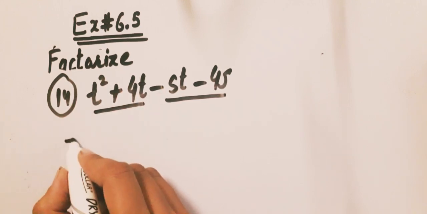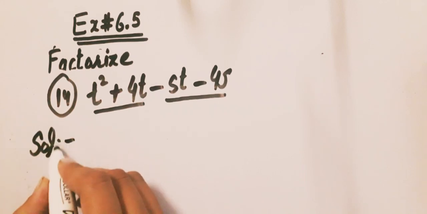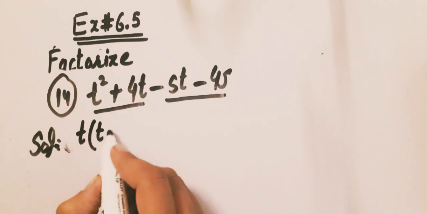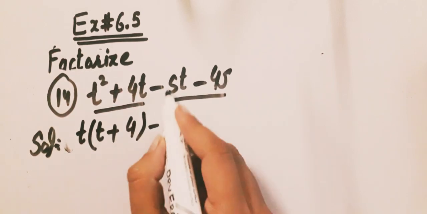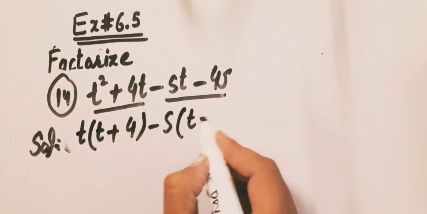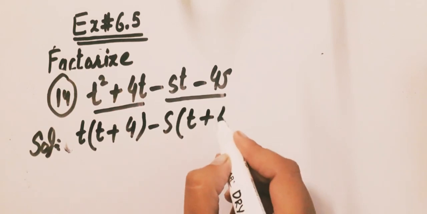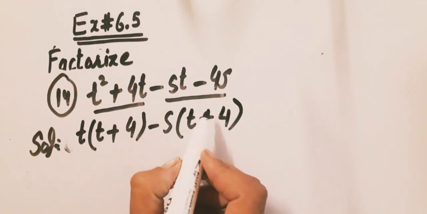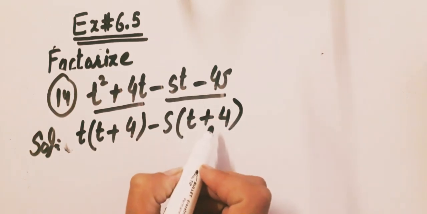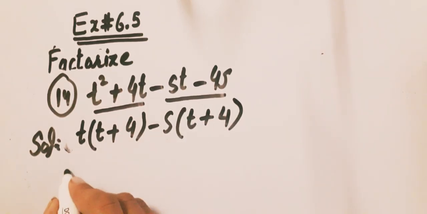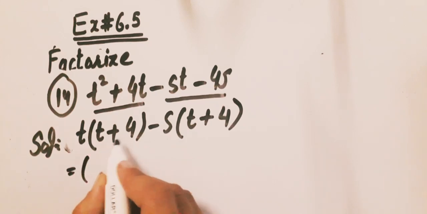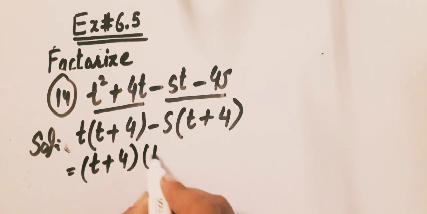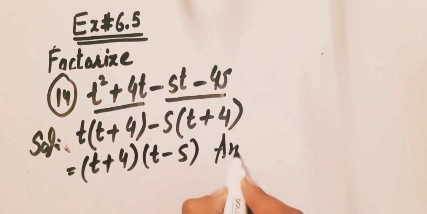So take t as common, remaining is t plus 4, and take minus s as common, remaining is t plus 4. When you take minus as common, the sign inside the bracket will be changed. So t plus 4 will be common and remaining is t minus s. This is the answer.